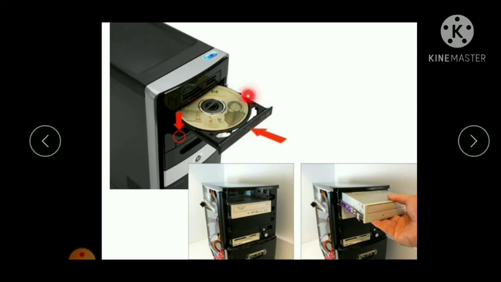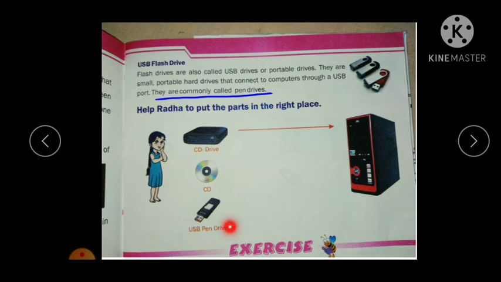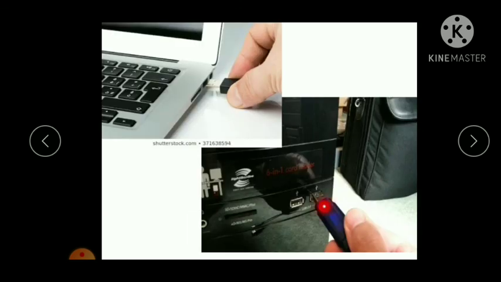After that we place the CD and push it in. So this is the place for keeping a CD. Next, USB pen drive. There is a particular place in the CPU to put a pen drive. In the laptop we can see this place at the side, but in the CPU there is a particular place here.